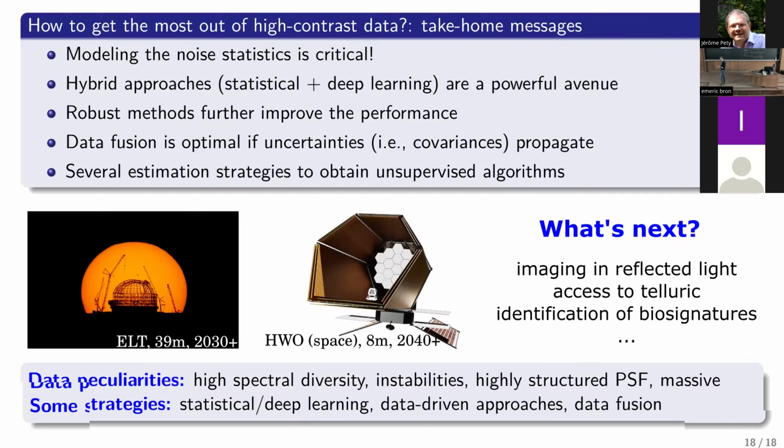We have to deal with that, with also a very structured nuisance component, because in all these instruments, the mirror is segmented, not monolithic. And the nuisance will also have some strong instabilities because the instruments are so complex and, of course, more massive. And we are currently preparing the algorithms to be robust to this kind of data. So thank you for your attention.